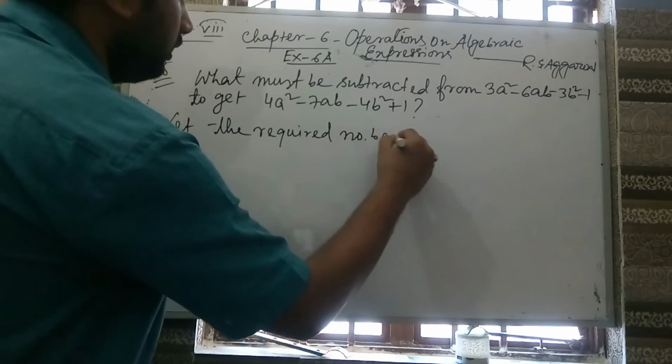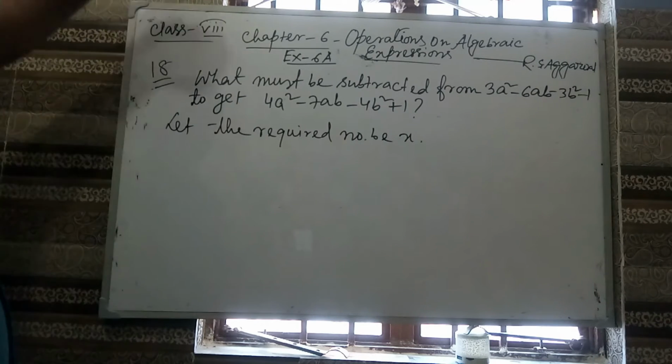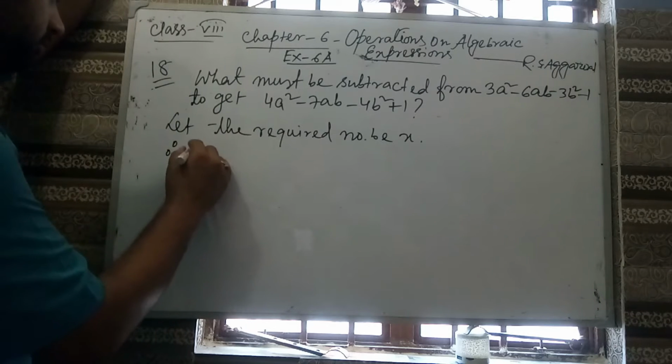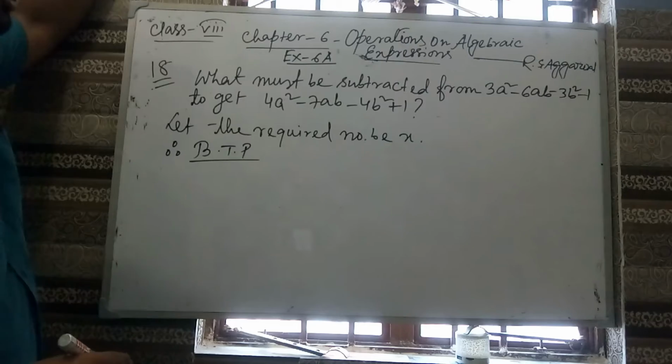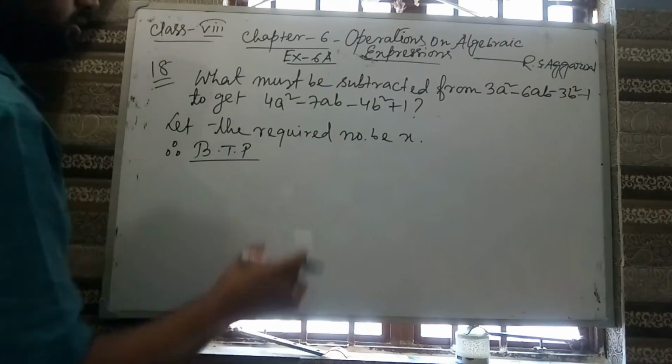So here we will write, let the required number be x. If you are done, continue with question number 19 and 20. Let the required number be x. So therefore, by the problem, we have to subtract x from this one to get this one.